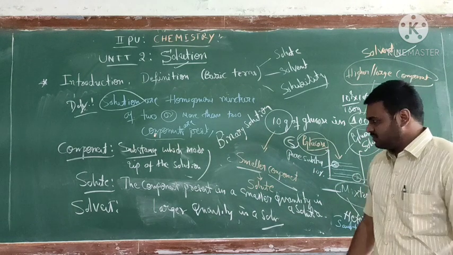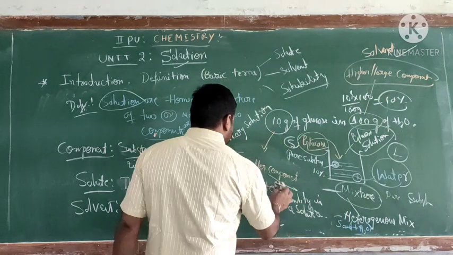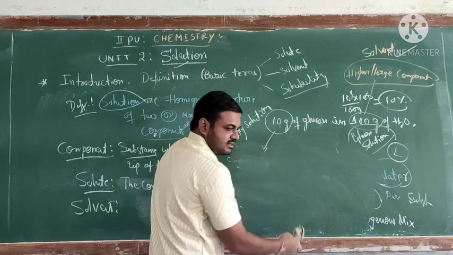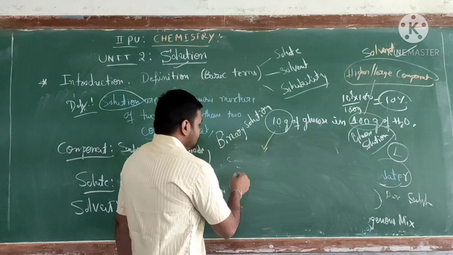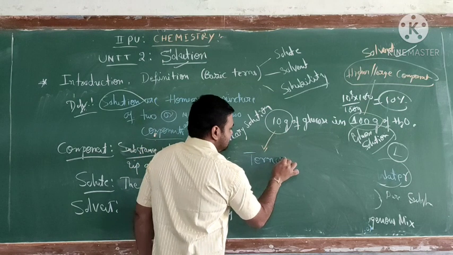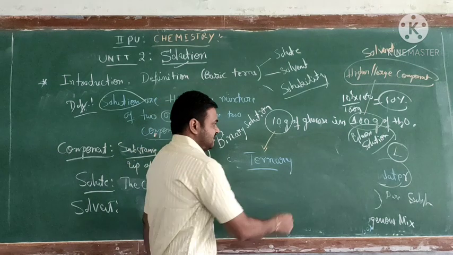Okay, if by chance, some of the time you get three or four components. So we take a ternary. Ternary means what? Three components are present.